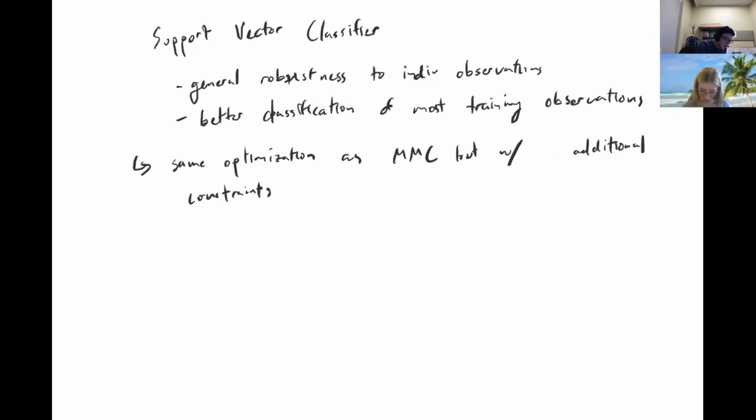We're going to have a new term, epsilon i greater than or equal to 0. And then a constraint that the sum from i equals 1 of each of my epsilons is less than or equal to C. So this is a tuning parameter.